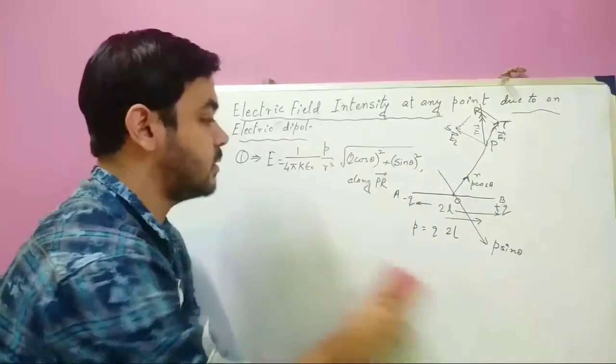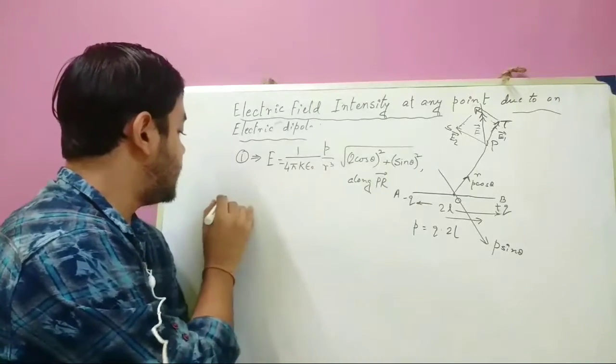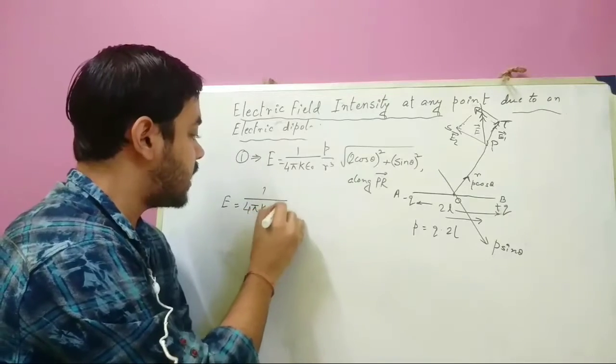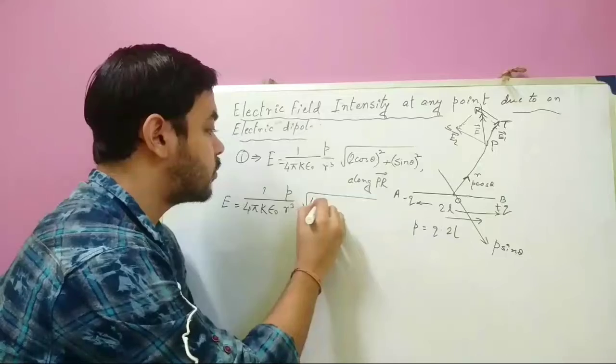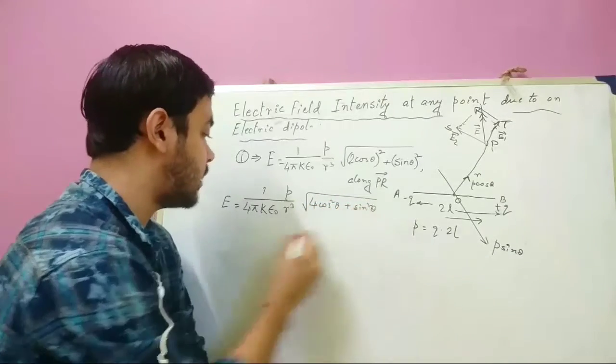So E will be equal to 1 by 4 pi k epsilon 0 into P by r cube root under 4 cos square theta plus sin square theta.